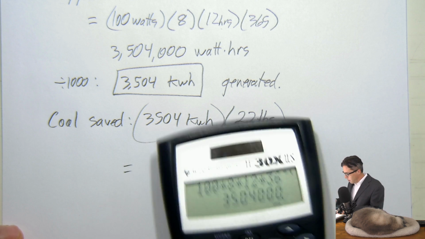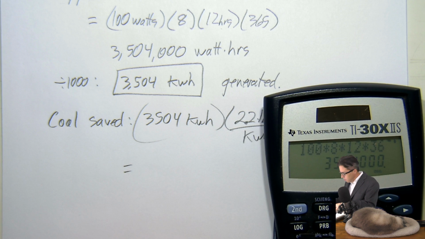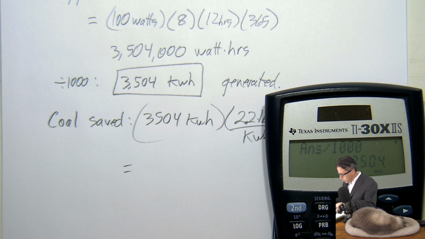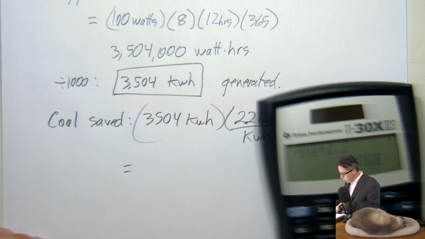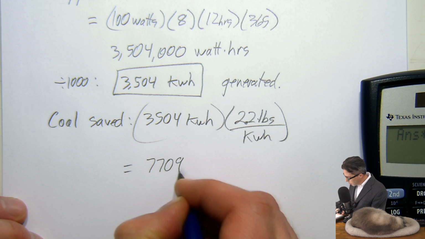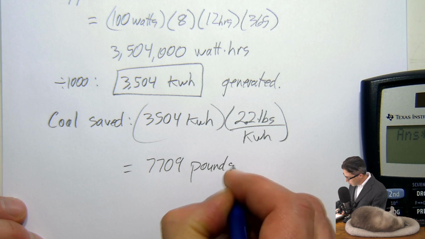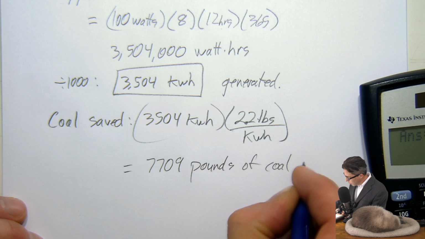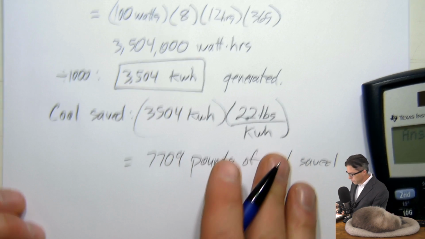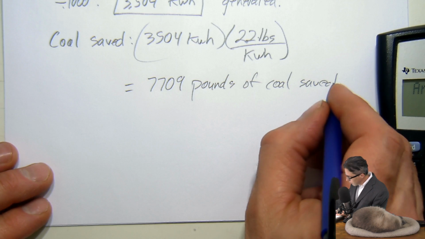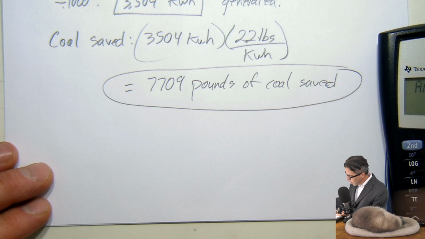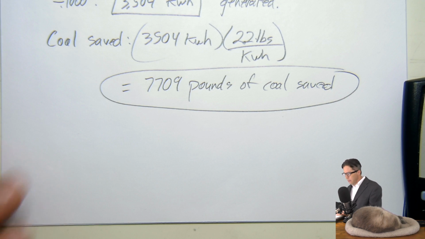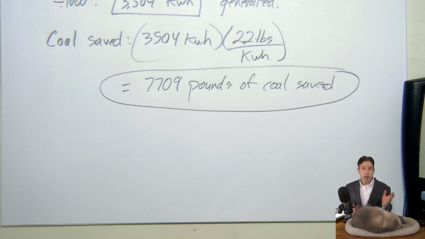So I'm going to divide by 1,000 times 2.2, and that gives me 7,709 pounds of coal saved. So that simple 8-panel array on my roof prevents 7,800 pounds of coal from being burned each year.